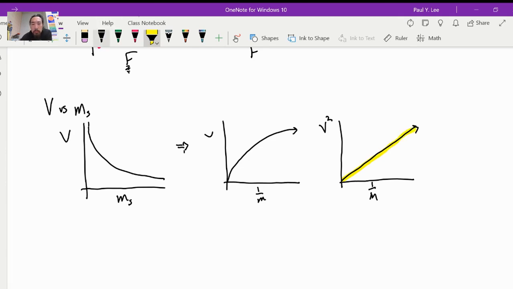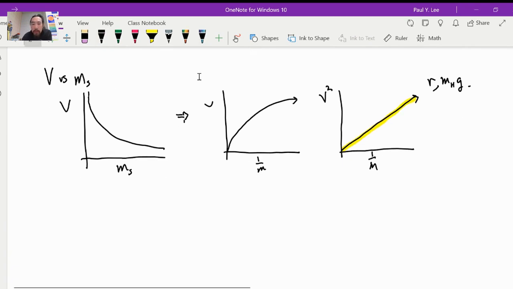Okay, so if we were talking about the things that were kept constant, the radius was kept constant, and the hanging mass's weight was also kept constant. So back to the car analogy, you're going around the roundabout. What does this mean? Let's take a look at this graph to really identify.